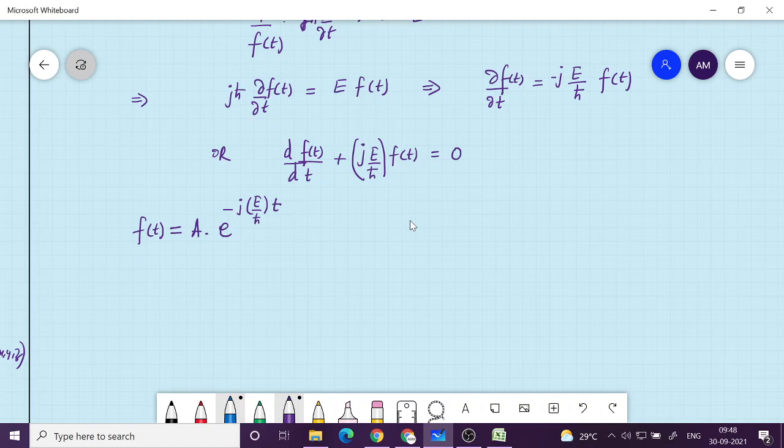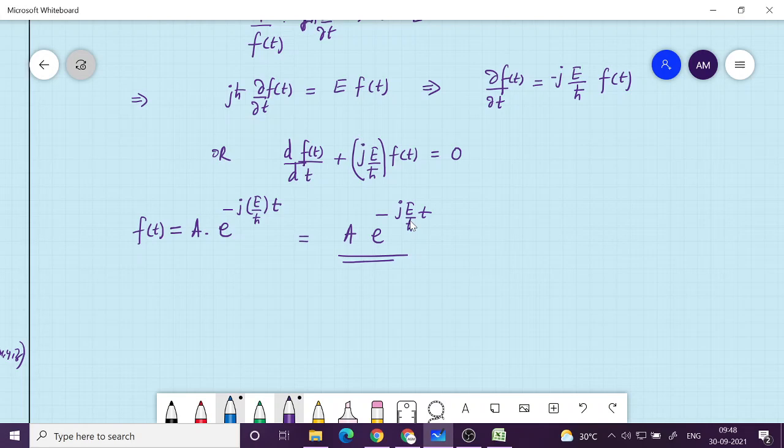So that is a e raised to minus j E by h cut into t. So that is the solution for f of t. So if you know the constant E, right now E is energy, we didn't say it is energy, it is just a constant.